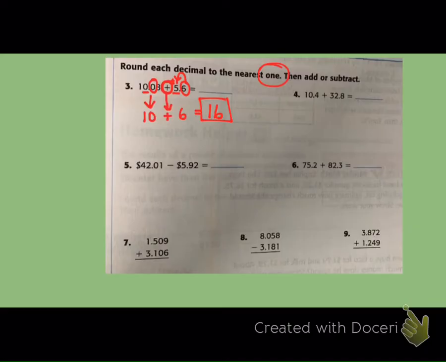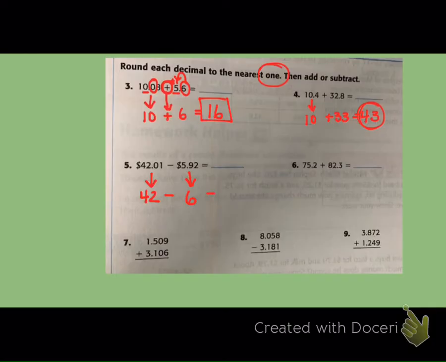All right, let's check your answers. Number 4, that should get rounded to 10, and 32 should get rounded to 33. So when we add that together, you should get a total of 43. All right, so you got that one right. And we're rounding to the nearest dollar. So 42 gets rounded to 42 minus, this gets rounded to 6.